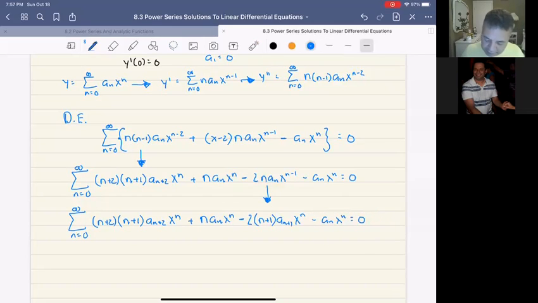Since they all have the matching x to the n, I can now write the recursion relation. I'm going to isolate a sub n plus 2. That's what I need to solve for.